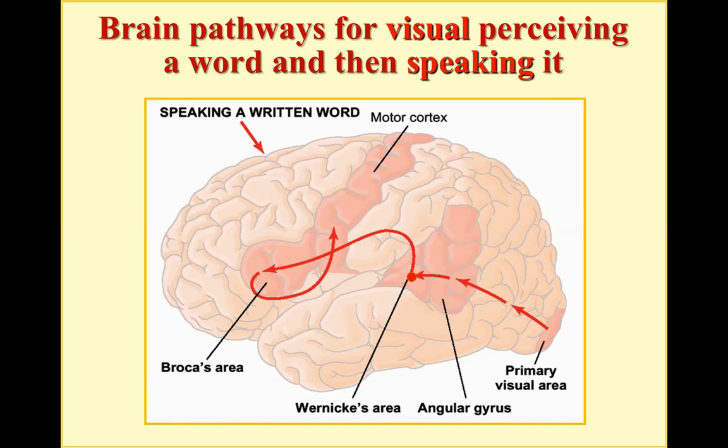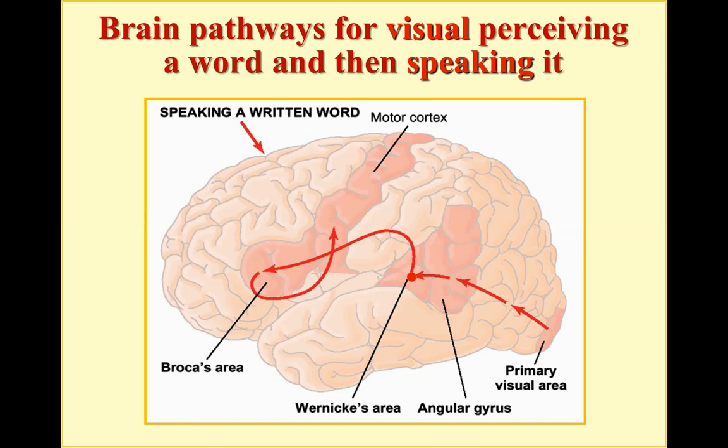By the way, if there is damage of this angular gyrus, which does not occur often, but can happen sometimes, understanding of the written or printed word is not possible. The people become simply unable to read. They understand words when they hear them, but written or printed words are not possible to understand because of the damage.